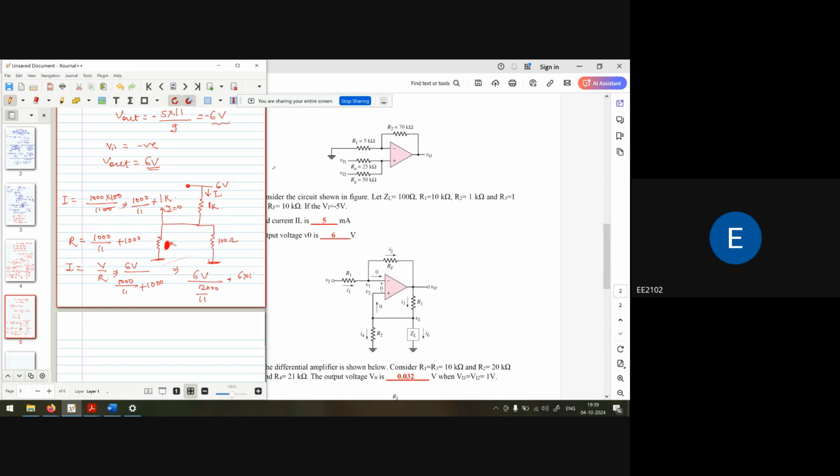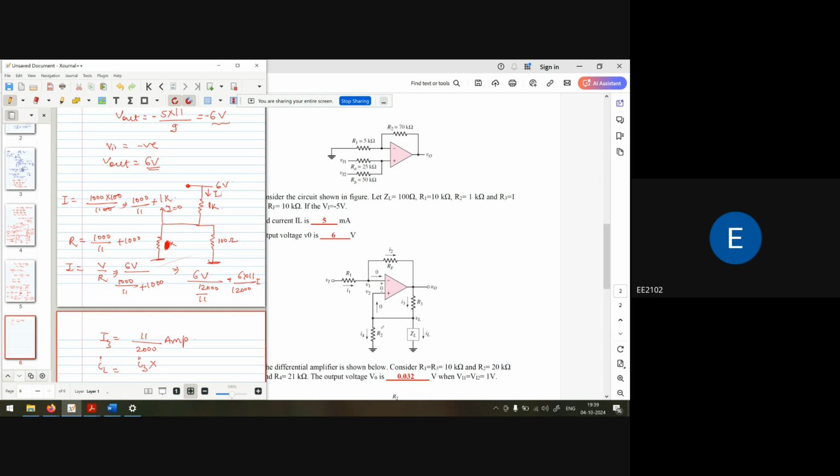So 6 into 11 by 12,000. This is the value of current. So I becomes 11 by 2000. Okay, so this is the direction. This is the value of I3. Now this I3 will be distributed into I4 and IL. So what is the value of IL?